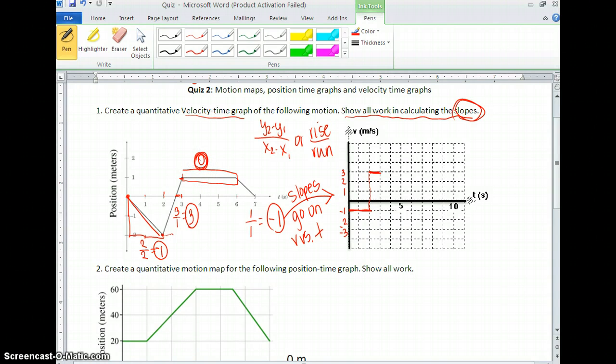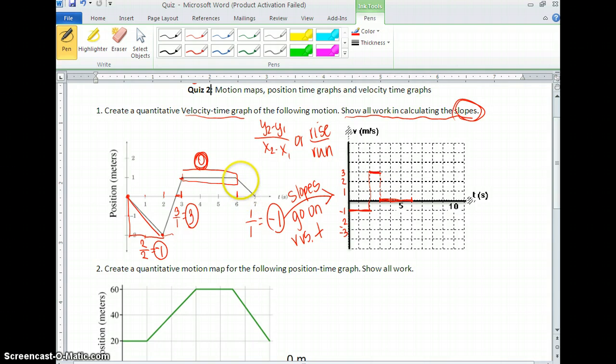But how many seconds did this object stay at the 0 line? It started at 3 seconds and stopped that motion at 6 seconds. I need to show the same thing over here. So starting at 3 and ending at 6, it's going to be a flat line at 0. If we want to connect them, we can do a dotted line connection.